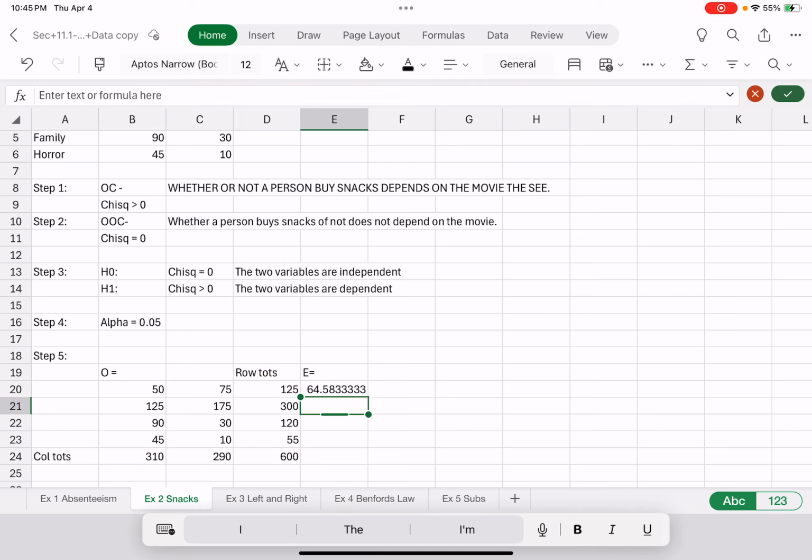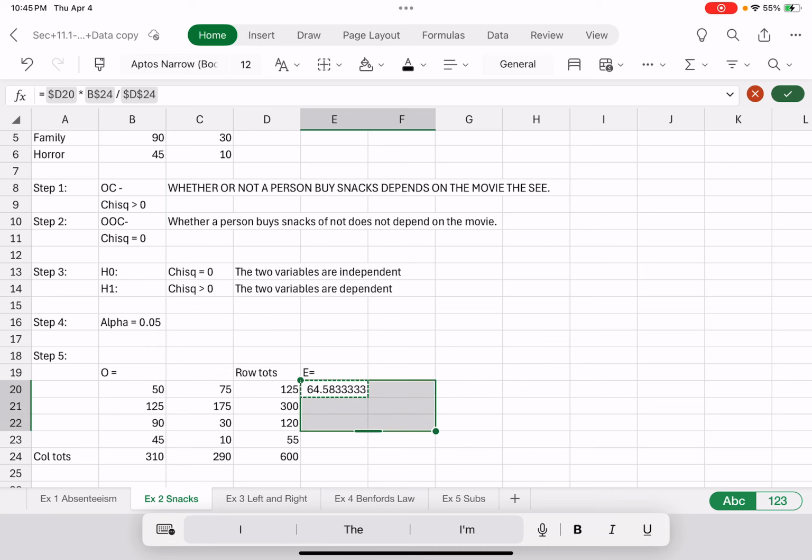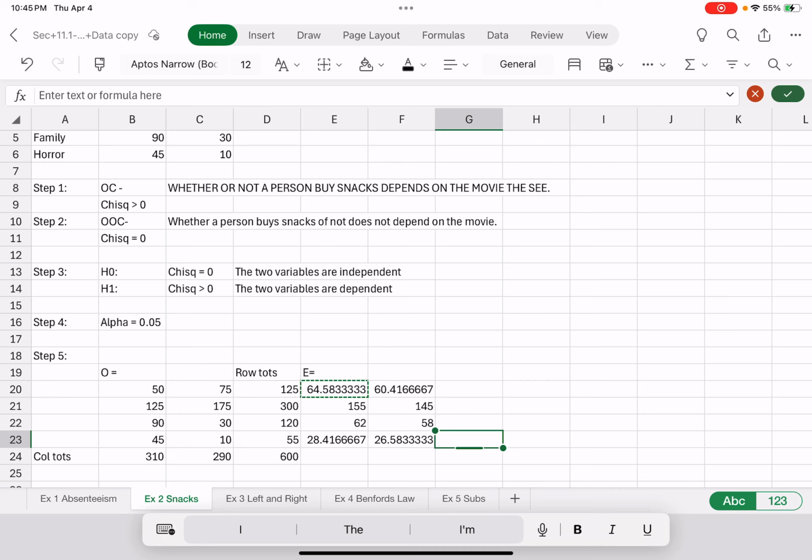Okay, equals. And there is my expected value for the first cell. Okay, great. So now here's the beauty of it. Command C, I am going to select all of this. Command V, and there's my expected frequencies.